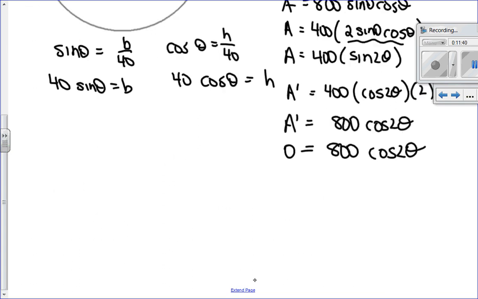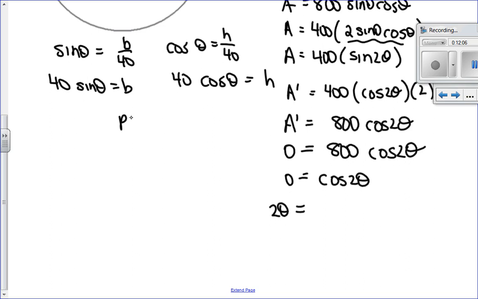And then I want to solve. So the first thing that I'm going to do is divide both sides by 800. And then I get cos of 2 theta is equal to 0. So 2 theta is equal to any time cosine is equal to 0. If you think of the unit circle, that's where the x coordinate is 0.